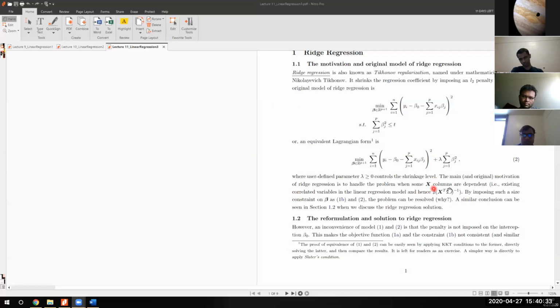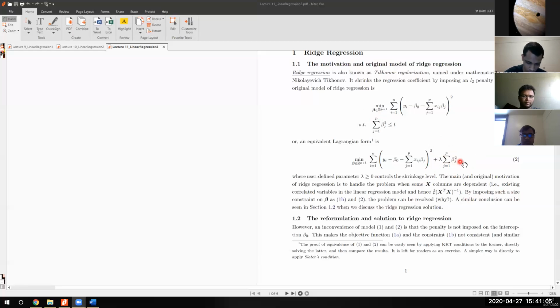Now, if some columns are dependent, then of course your X doesn't have full rank, and hence this inverse does not exist. So how does imposing such a penalty relieve this situation? Suppose I have something in this way, then I will have many such coefficients be 0.